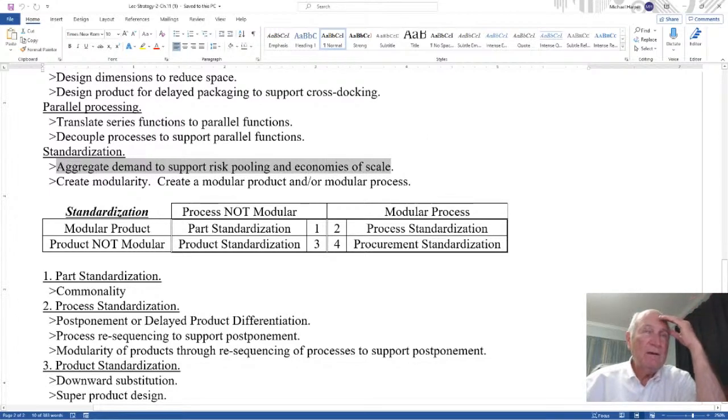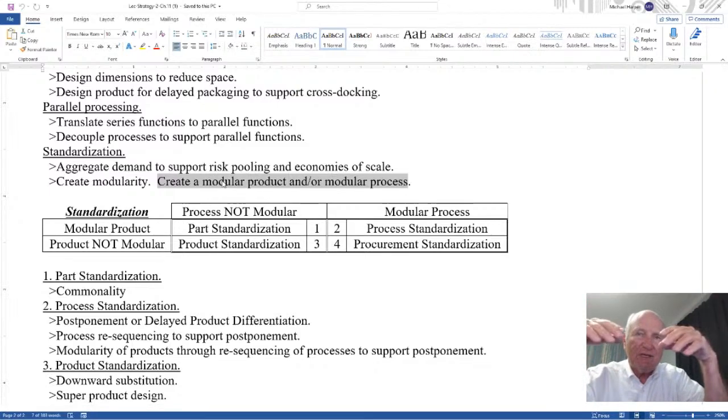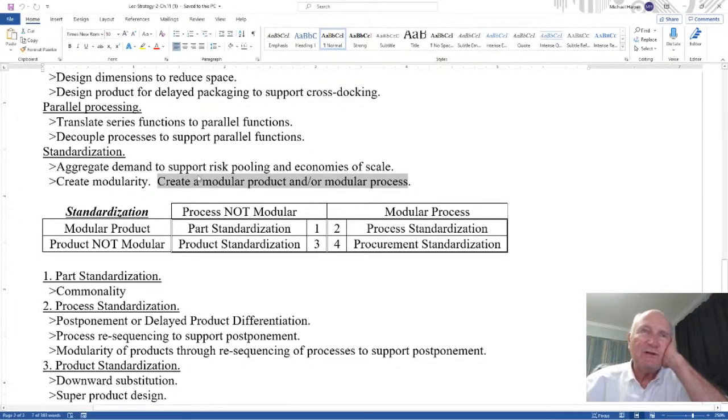But you can also create modularity. Create a modular product and or a modular process so you can standardize the functionality of a product, but it can go into a larger product. You can modularize a process, but that process can be part of a number of other processes to produce a product, more product variety. Okay, so there are 4 different types of standardization.